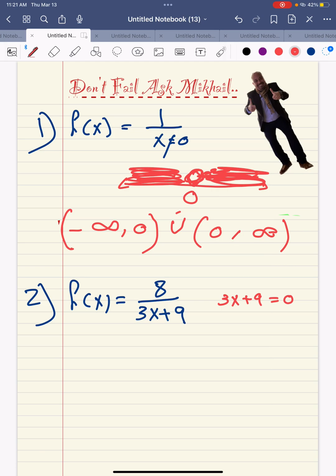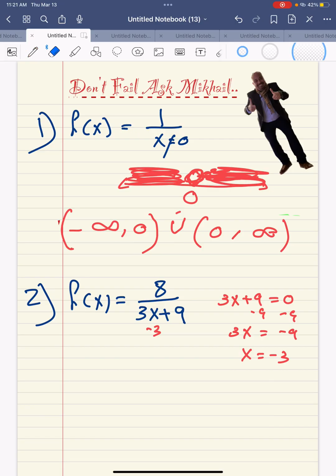Subtract the 9, divide by 3. Then you get 3x equal to negative 9, divide by 3, x equals negative 3. Such that if you substitute negative 3 for x, you're going to get negative 9 plus 9 equal to 0, which makes the function undefined.